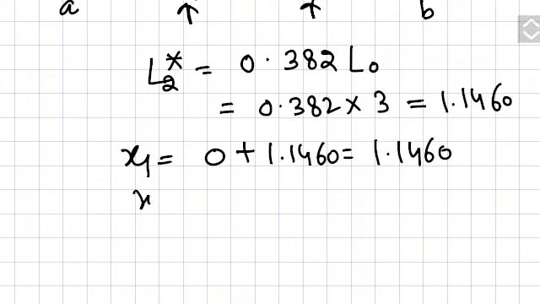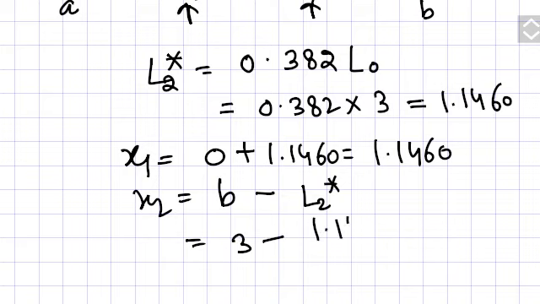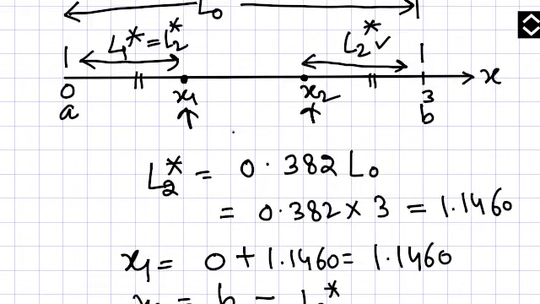And the x2 point is b minus L2, and b is 3, and 1.1460 is the distance. So we have got point 2 to be this. So these 2 points you have got.